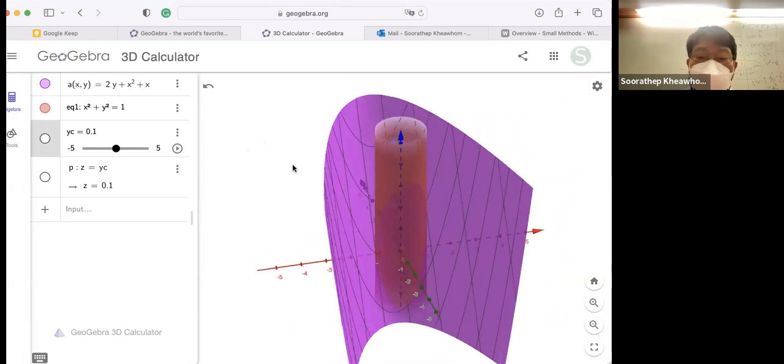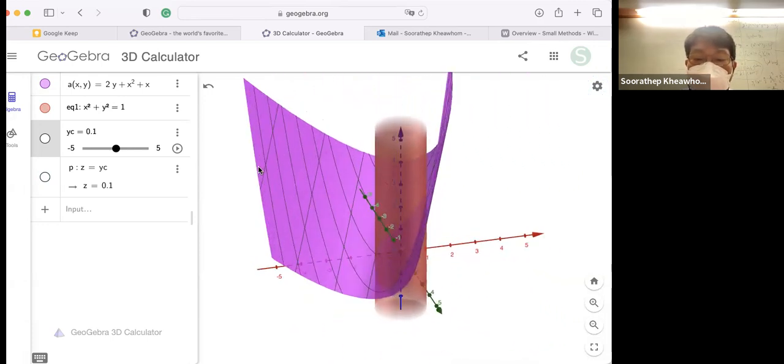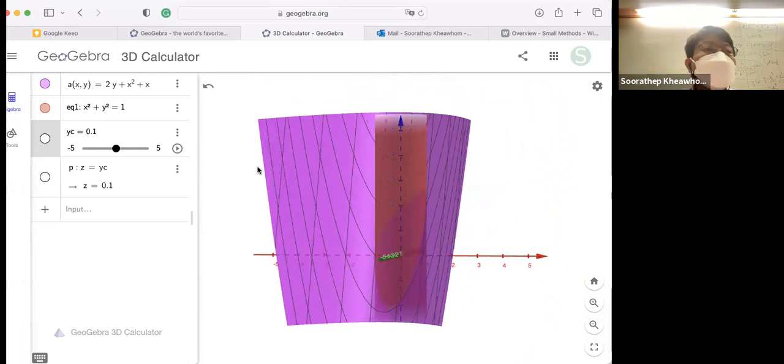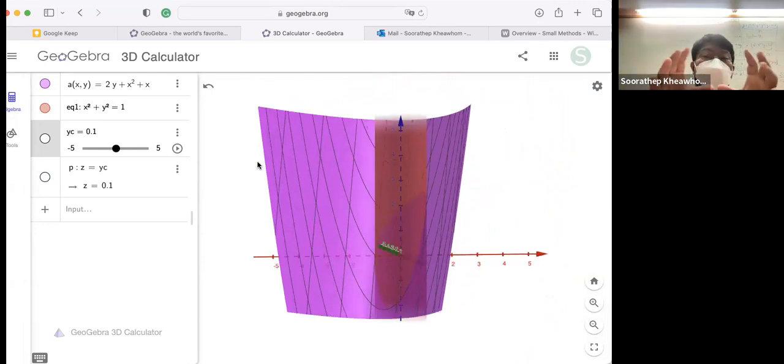So you see that in this viewpoint, the shape of the constraint on the surface of the objective function is not a circle anymore. Well, I need some paper.